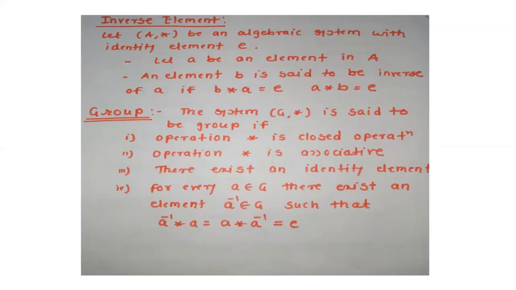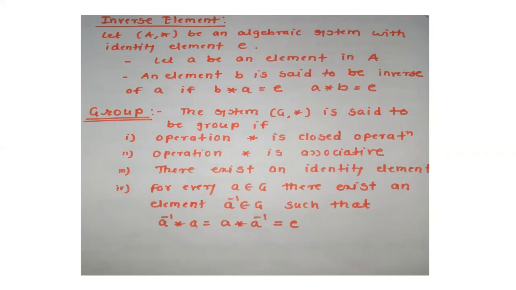Let (A, star) be an algebraic system with identity element E. Let A be an element, and element B is said to be the inverse of A if B star A is equal to E. So there are two elements A and B, and when B star A is equal to E, B is the inverse of A. The operation between these two elements gives the identity element.